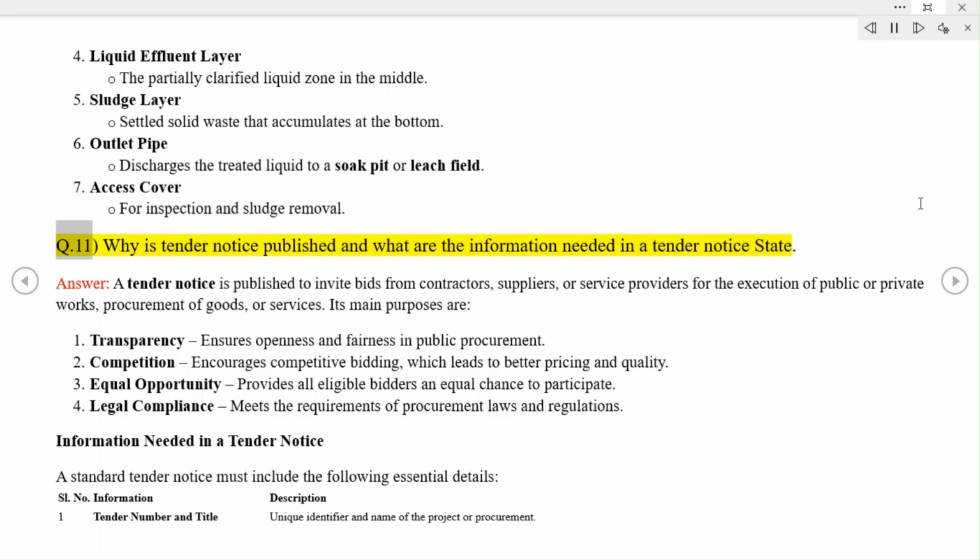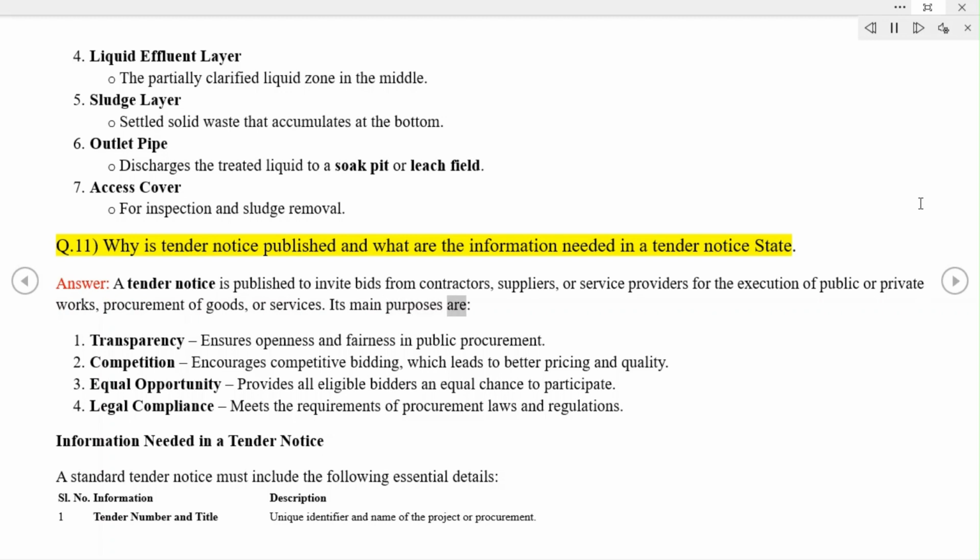11 marks. Why is a tender notice published, and what information is needed in a tender notice? Answer: a tender notice is published to invite bids from contractors, suppliers, or service providers for the execution of public or private works, procurement of goods, or services.